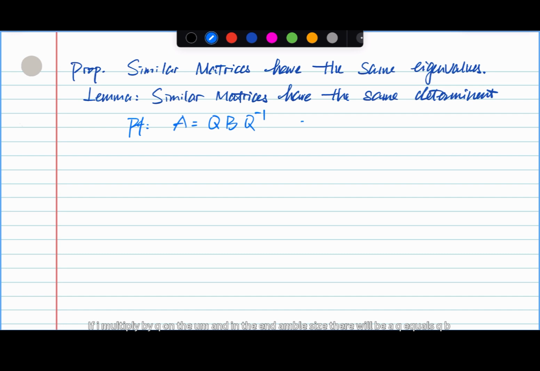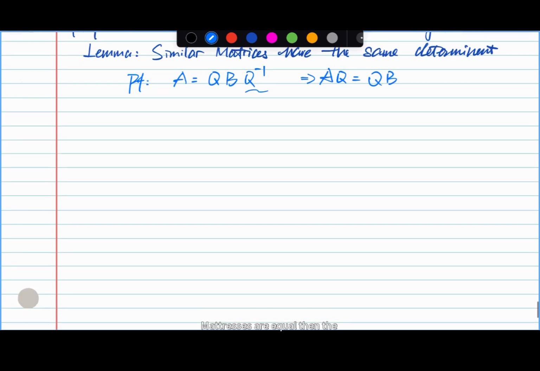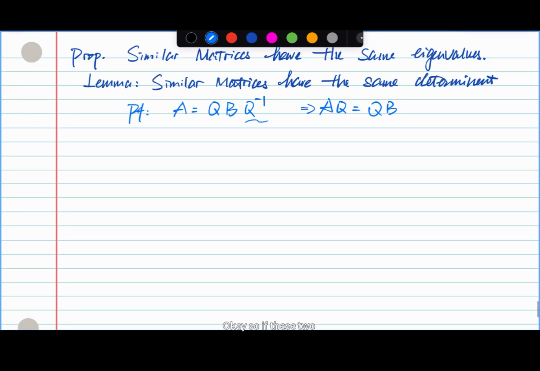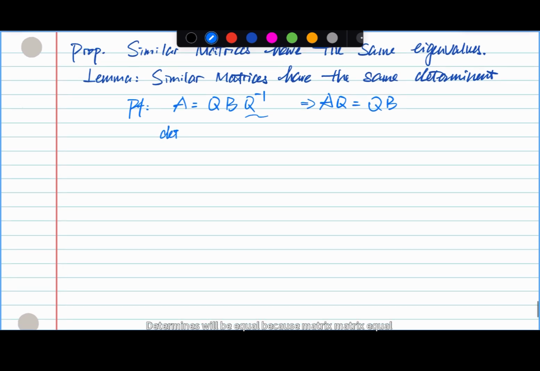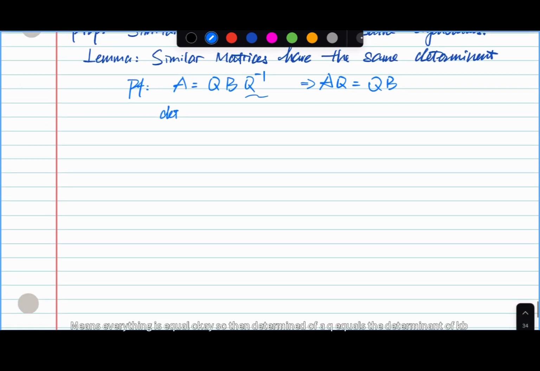So if I write it like this, then if I multiply by Q on the end on both sides, it will be AQ equals QB. Okay, so if these two matrices are equal, then the determinants will be equal because matrix equal means everything is equal. So then the determinant of AQ equals the determinant of QB.